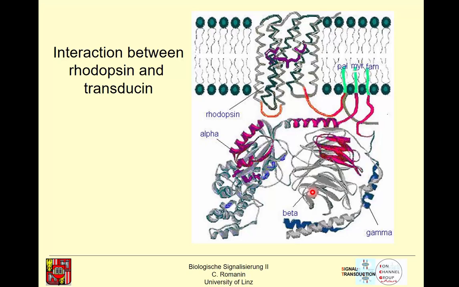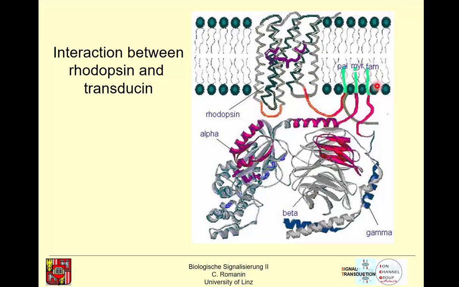It's not a transmembrane protein, in contrast to the rhodopsin receptor, which has these 7 transmembrane helices. But you can see here that the G protein is tacked to the membrane by myristoyl or farnesyl groups, which can be used for derivatization of amino acids.